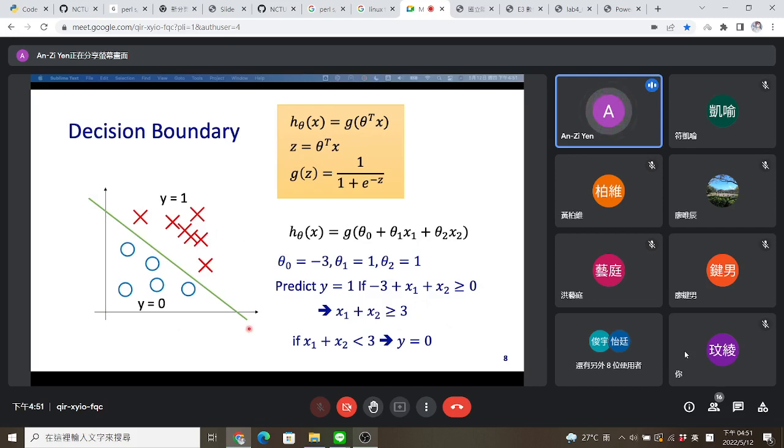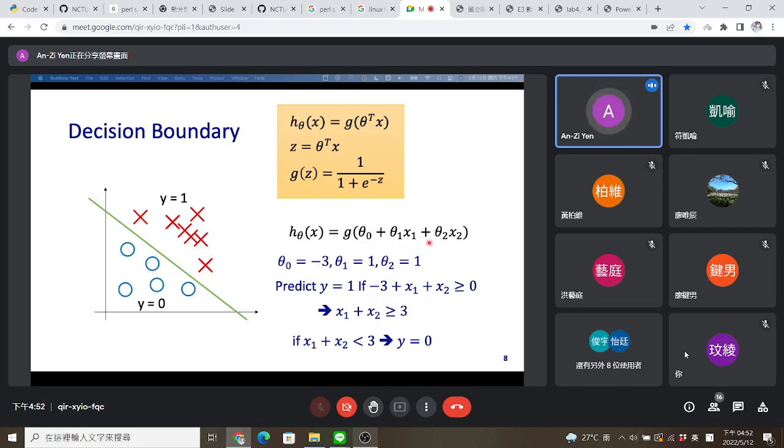and specifically, this line is x1 plus x2 equals 3. So to be clear, the decision boundary is a property of the hypothesis, including the parameters theta 0, theta 1, theta 2.